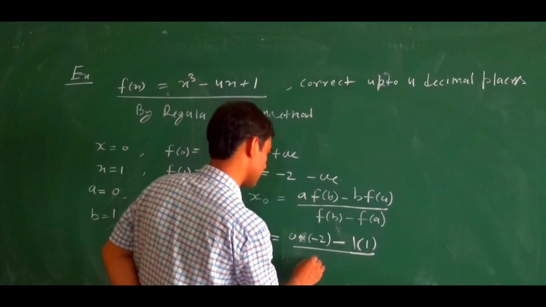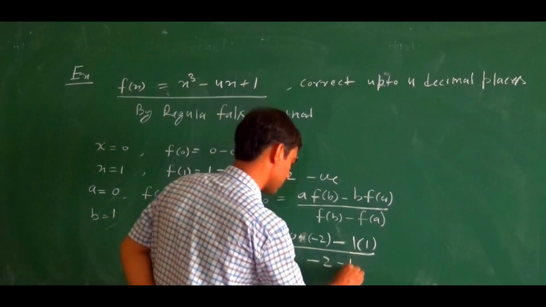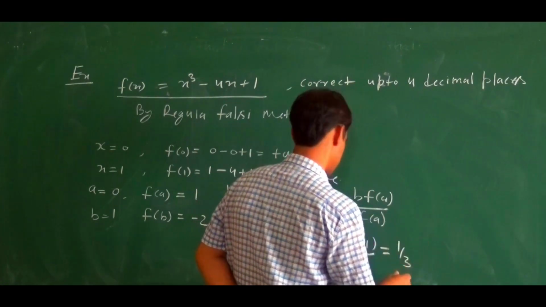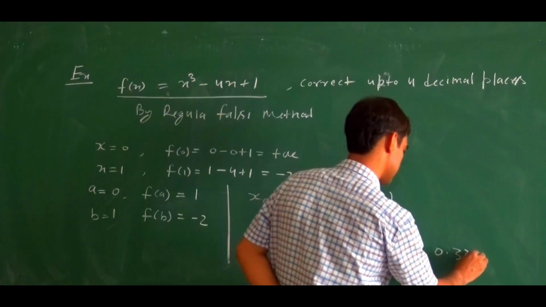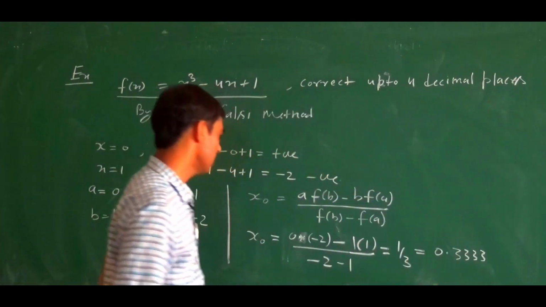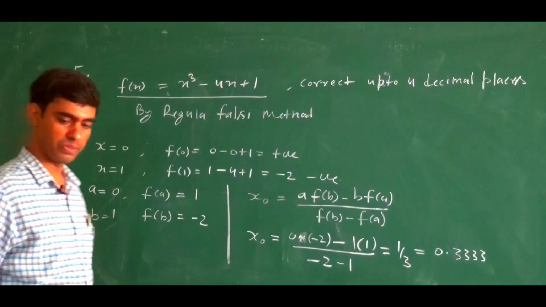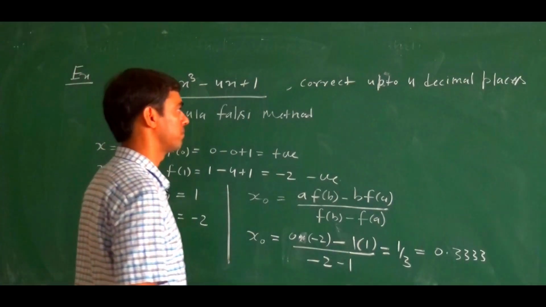F of b is minus 2 and f of a is 1, so this is 1 by 3, which equals 0.3333. So x0 equals 0.333.